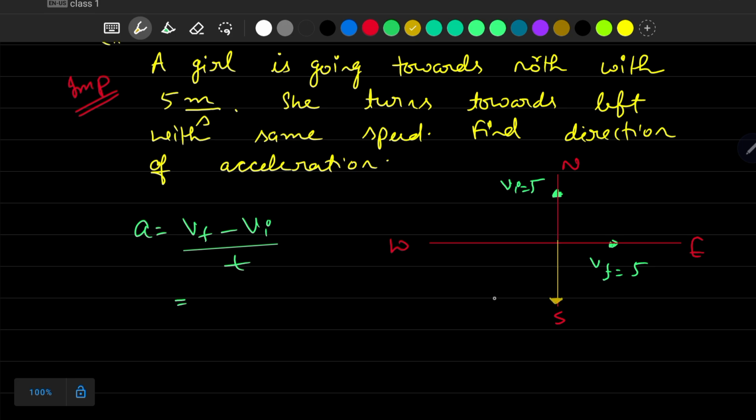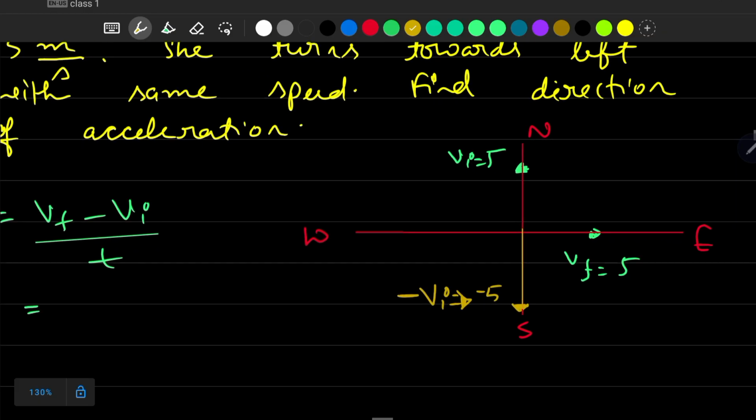It will come as minus 5. So here it's v final minus v initial. If this is v final and this is minus v initial, it means acceleration will be somewhere over here like this. This will be our acceleration.